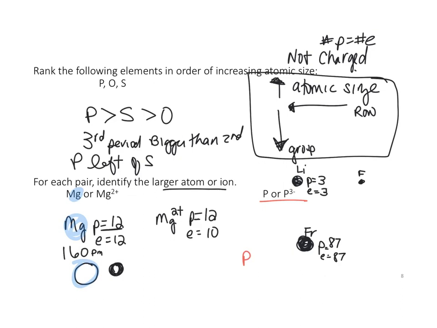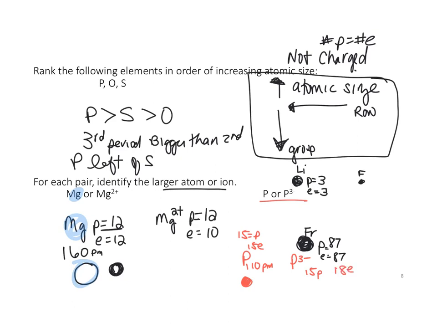Phosphorus. Okay, if you look at the size of phosphorus, it's 110 pm. It has 15 protons and 15 electrons. But then when you do P3-, it still has 15 protons, but now it has 18 electrons.